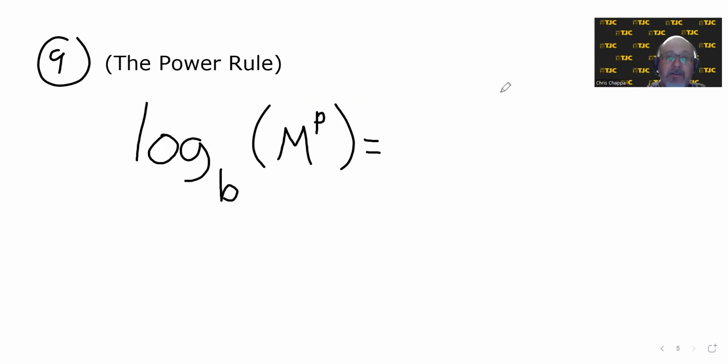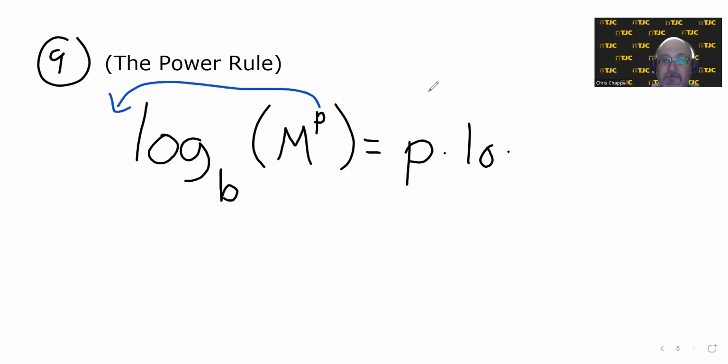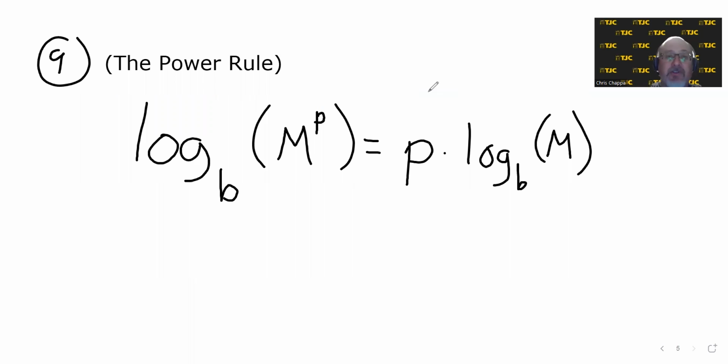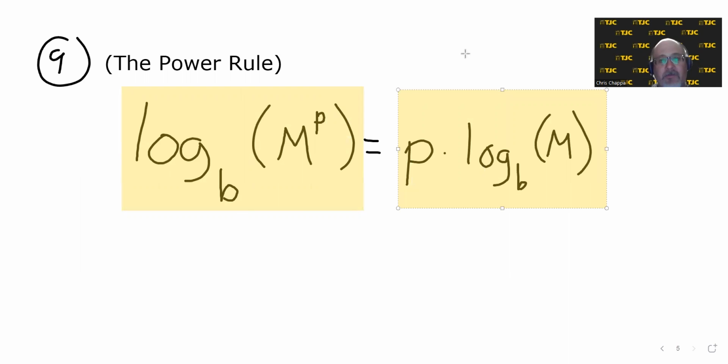We can take this power and move it down in front of the logarithm as a factor, p times log base b of m. Now, just like the product rule and the quotient rule, this is reversible, meaning this is saying 2 things. If you have a log of an argument and there's a power on the argument, then you can pull the power off the argument and put it in front of the log.